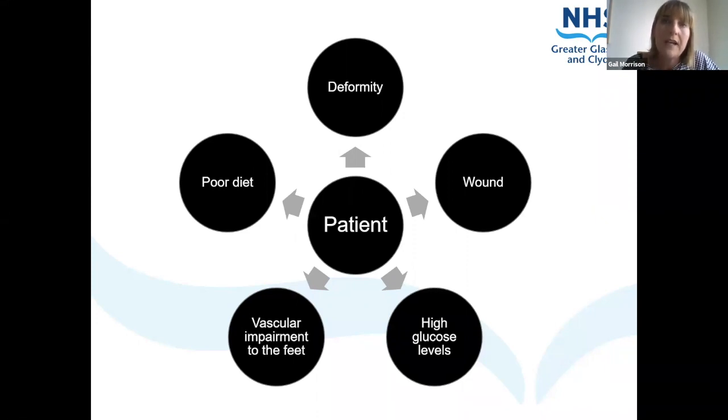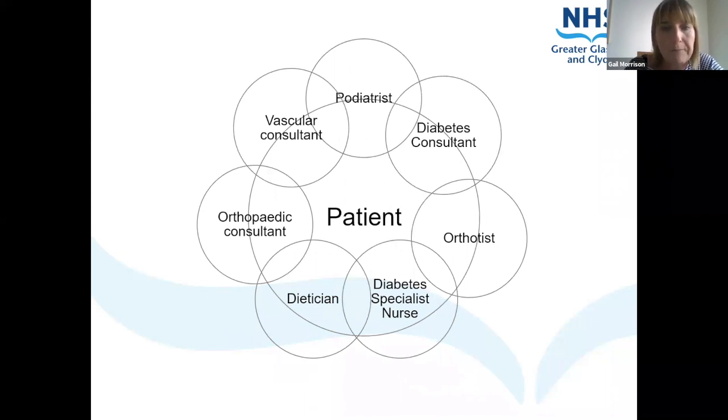And that is why they need to see multiple professionals, but they also need to see them in an order that's unique to them. There's no linear way. You can't sort out the deformity and then deal with the wound and then deal with the glucose level. It all has to be dealt with, intermingled, and each person is unique and their treatment plan is unique. So this is when we need the multidisciplinary team.